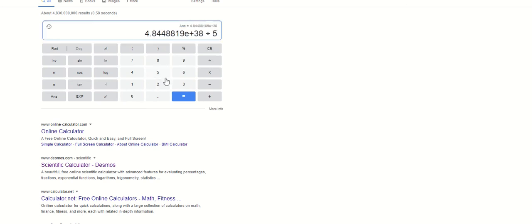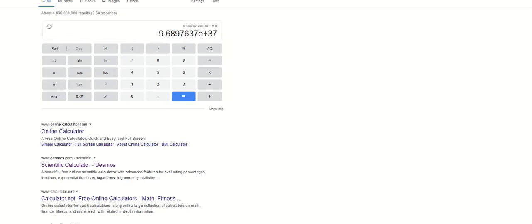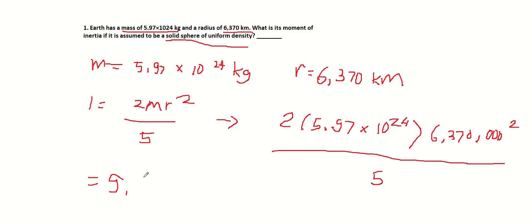Tapos, divide natin by 5. Yan. So, nakuha nating sagot ay 9.69 times 10 raised to the 37th power kilogram times squared meter.